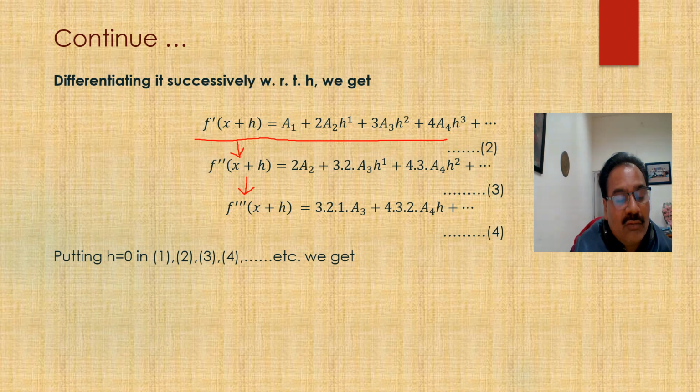Putting h is equal to 0 in 1, 2, 3 and 4, you will get the different values of a naught, a1, a2 and a3.